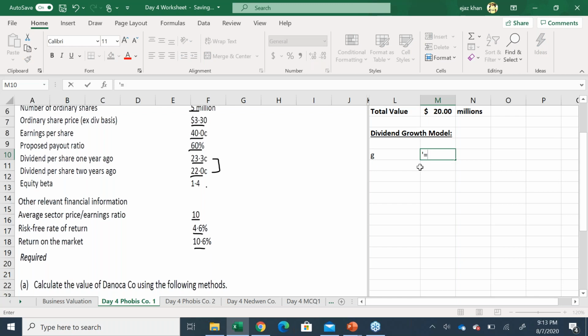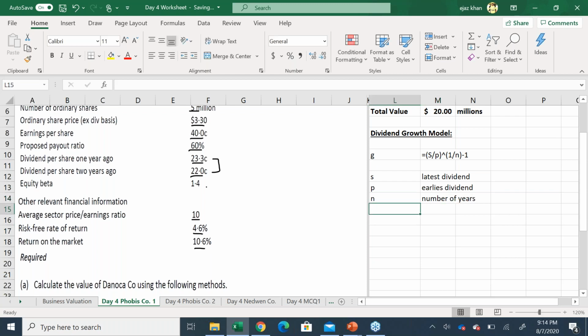S divided by P, raised to the power 1 divided by N, minus 1, where S is the latest dividend, P is the earliest dividend, and N is the number of years, right? So let's do it.